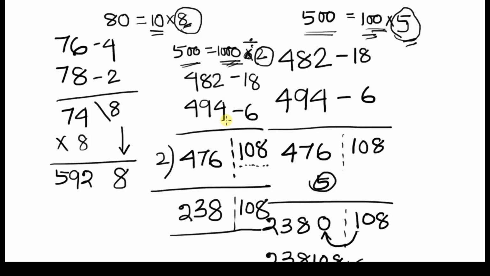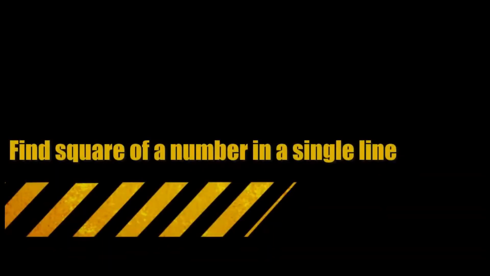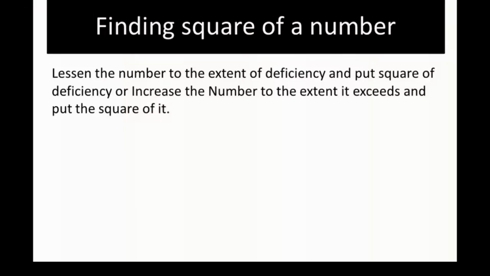Initially we said the reference base 100 allows only two digits on this side, so this number has to come here and get added. So the final answer will come as 238,108. Let's check this out in a calculator.